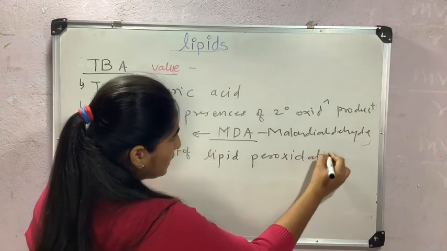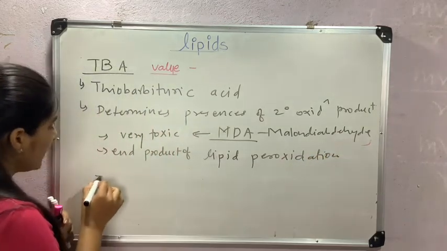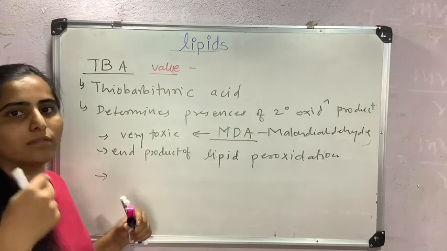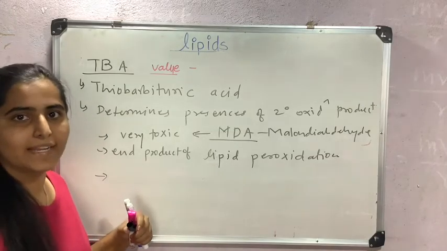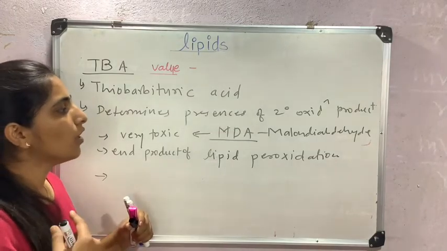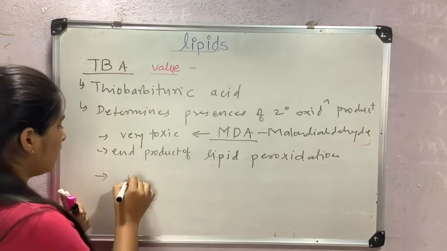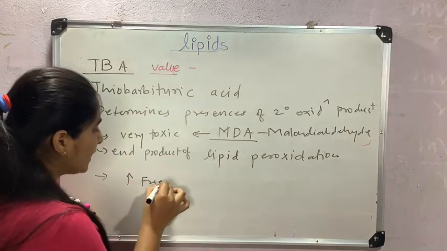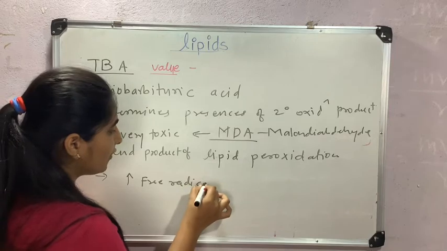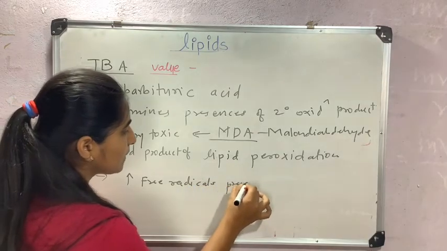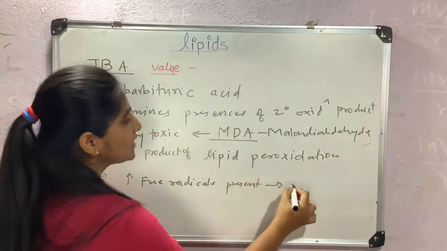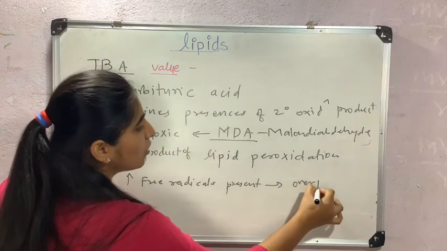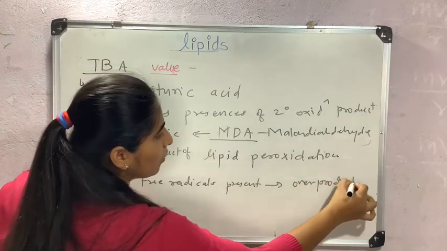If there are more free radicals present in lipid, it causes overproduction of MDA.